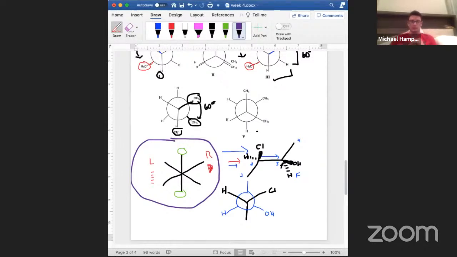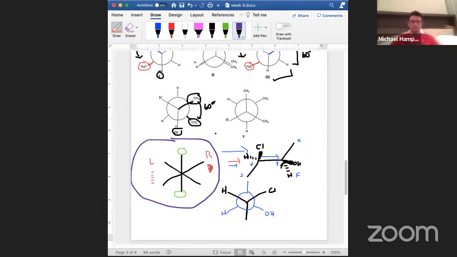Given this molecule, I just numbered them. If he tells you, I want you to do the Newman for the bond of carbon 2 and 3, which you would say C2-C3, you use this rule of thumb I just circled in purple in order to get to that Newman.